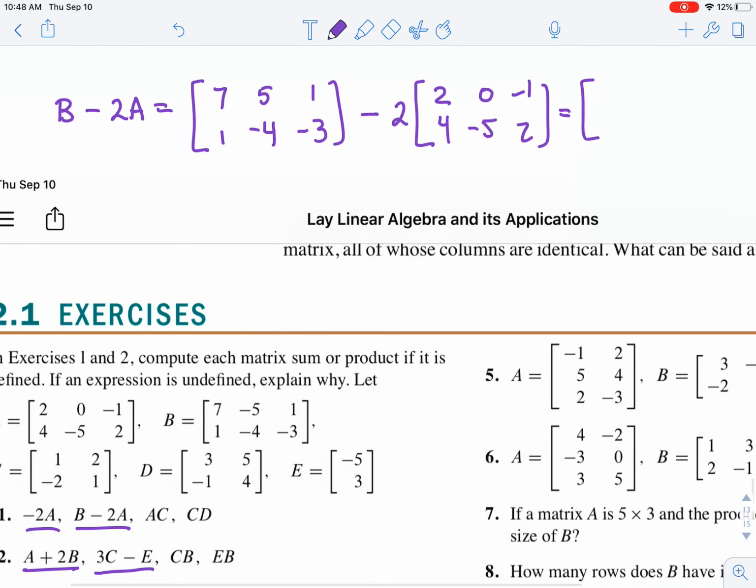And when I simplify that, I'm just going to do it all in one stroke. 7 minus 4, so that's 3. 5 minus 0, that's 5. 1 plus 2, that's 3. 1 minus 8, that's -7. And -4 minus -10, so that's -4 plus 10, that's 6. And -3 minus 4 is -7.